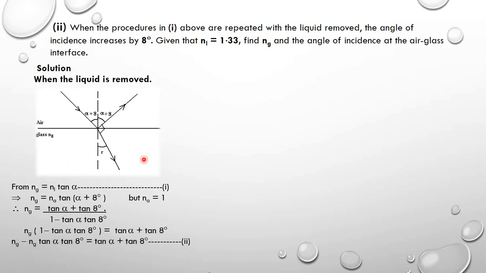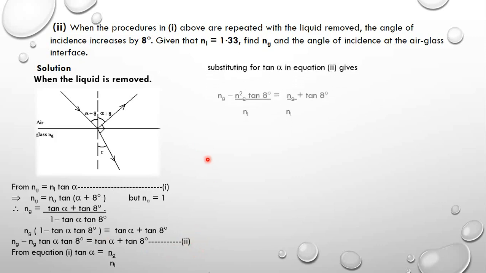Then from the first equation, we shall make tan alpha the subject, and then we shall get tan alpha as Ng over NL, then we shall substitute it in equation 2, where NL is actually 1.33.